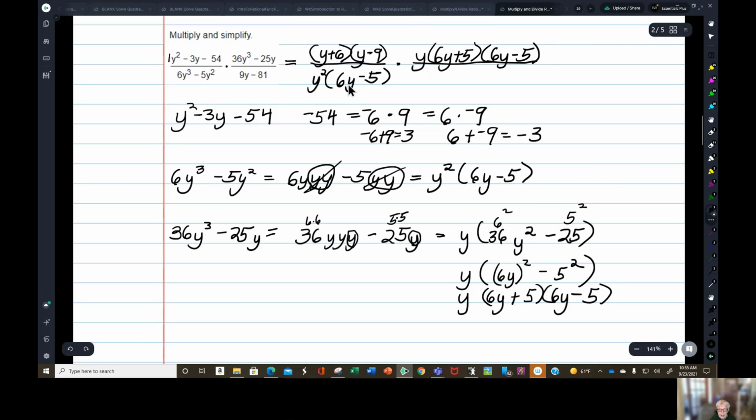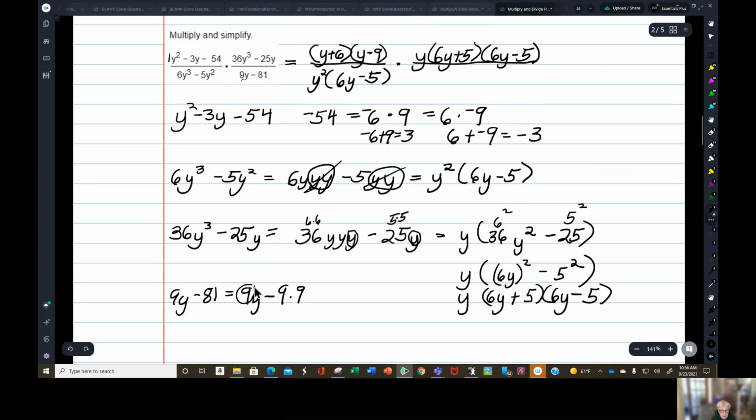I can already see that will cancel. And 9y minus 81. 81 is a perfect square, but 9y is not. 9y minus 81 is going to be 9 times y minus 9 times 9.